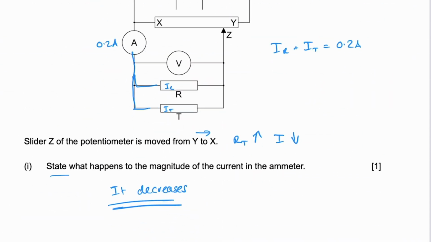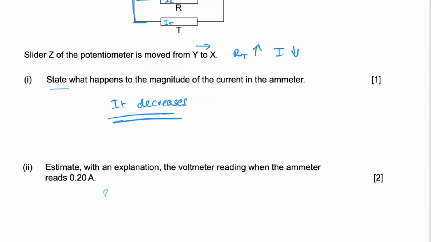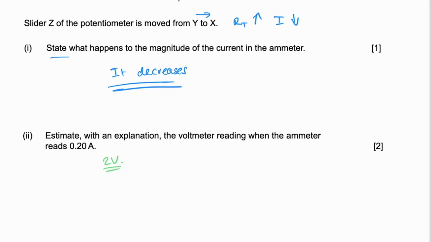So the voltage across these two must be 2 volts. The answer is 2 volts, and it says with an explanation. We're going to get 1 mark for that and the 2nd mark for the explanation. And it has to be this: they have to have the same voltage across them. So the resistors are in parallel.